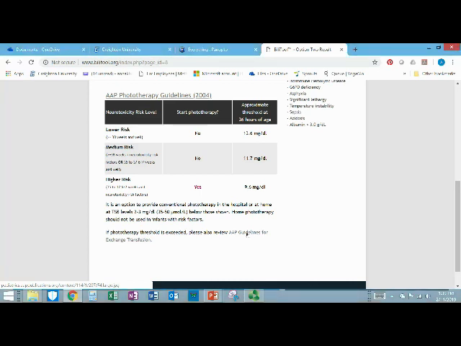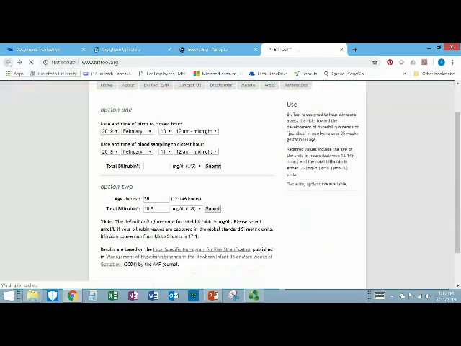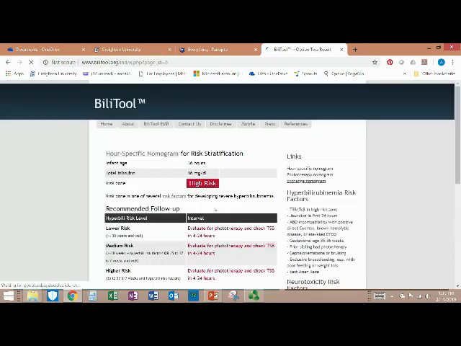If you have a kid that, let's say, instead of this high intermediate risk, let's just go back here for a minute. Let's put in that the baby's bili is 16. I don't know what this is going to do. We'll see. Yes, high risk.